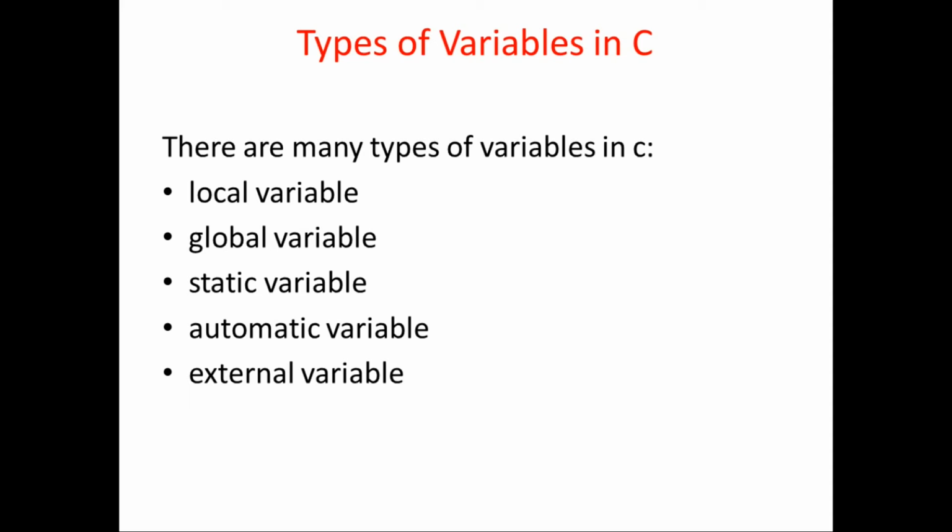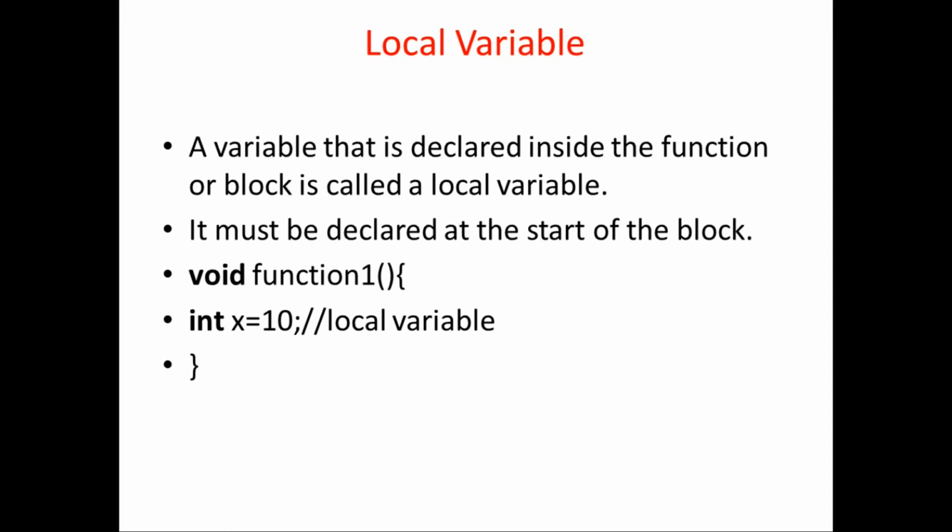Next is the types of variables in the C programming language. There are 5 types: local variable, global variable, static variable, automatic variable, and external variable. First, the local variable. If you declare a variable inside a function or inside a block, it is called a local variable.